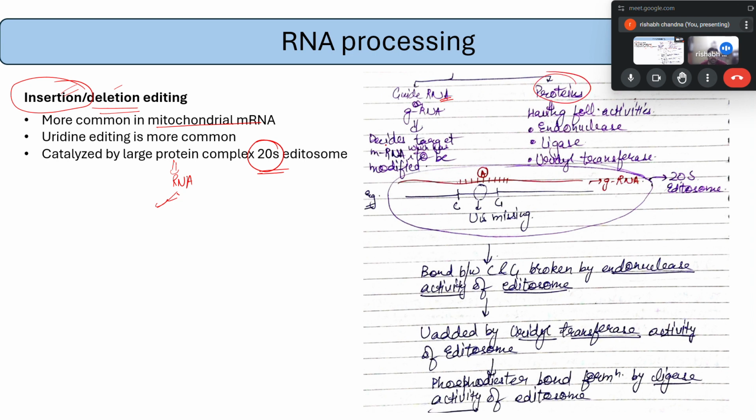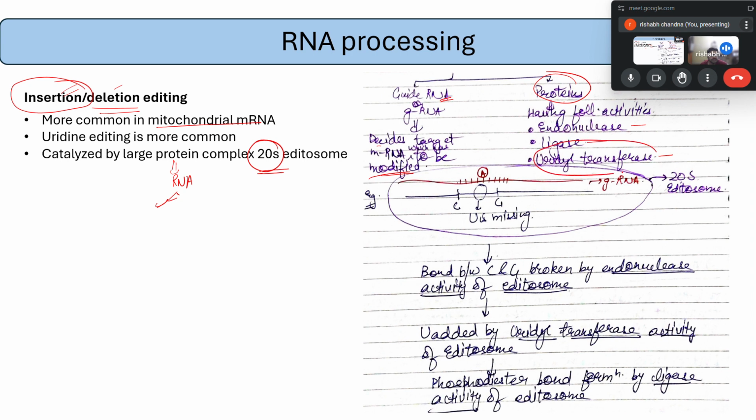The guide RNA decides the target where the mRNA is to be modified. It guides the proteins, like in CRISPR-Cas9. The guide RNA targets the site where it needs to be inserted or edited. And the proteins include an endonuclease, a ligase and a uridyl transferase.